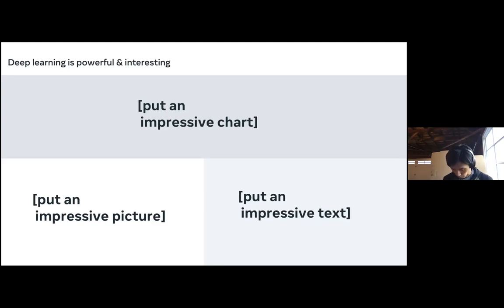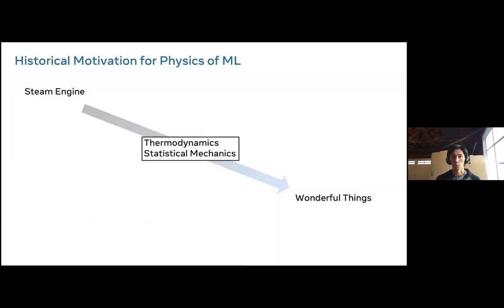And for us, coming from physics, the utility of deep learning should also make us interested in how it works. There are two motivations for going into this field. One is more historical, so I'm going to say that first. Back in the day, we had the steam engine, which was changing the way civilization worked.